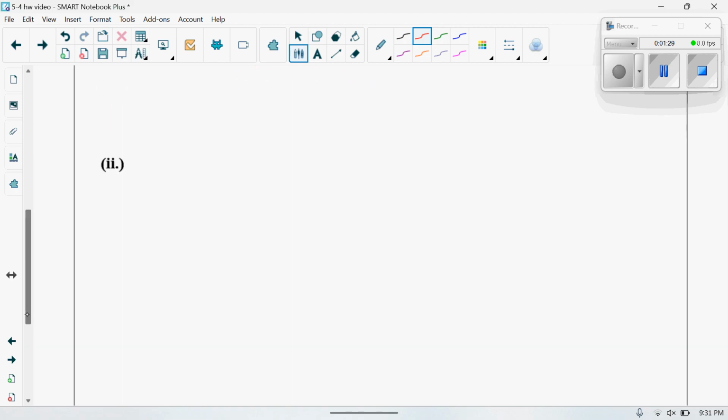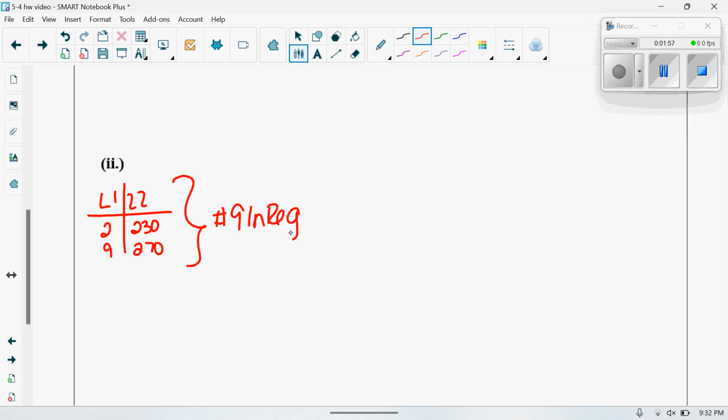A2 is always going to be to find those decimal approximations. Remember, almost all the time we're going to be running a regression in L1 and L2. So I'm going to put the points 2 and 9 into L1 for my input, and 230, 270 into L2 for my output. Then I am going to do number 9, which is LnReg.